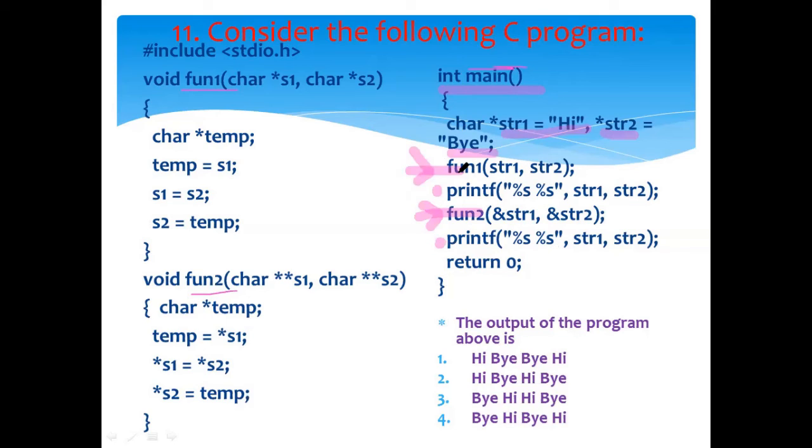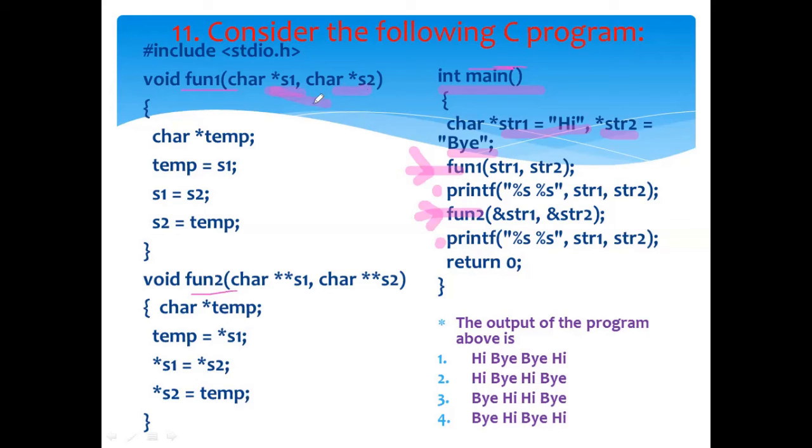When the first function is called, what exactly happens is string 1 and string 2 have "hi" and "bye". The function's scope is local. The scope of *s1 and *s2 is local.